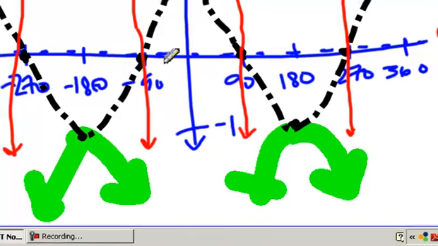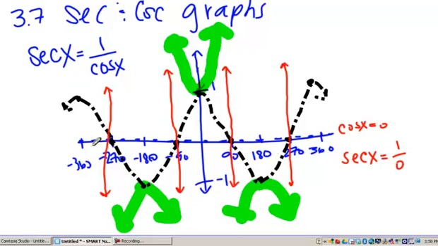Because imagine, since it is the inverse, if you were to cover up, let's say, the bottom half of our graph, basically what we're doing is flipping over our cosine, like this little hump here, flipping it over. Okay, so the green is the parent function of secant.